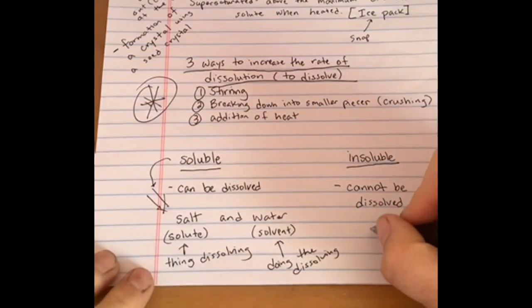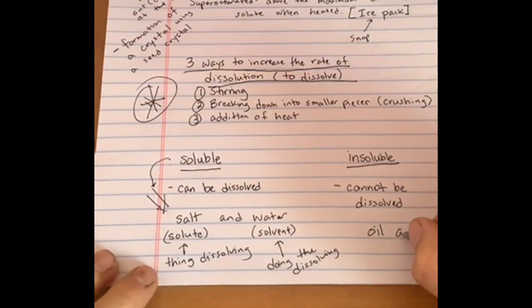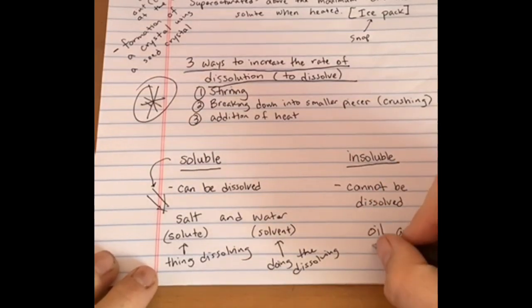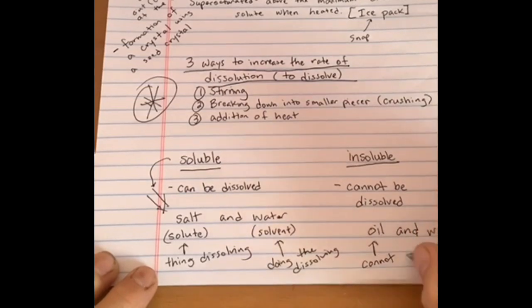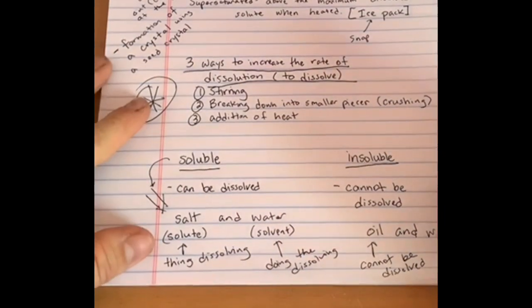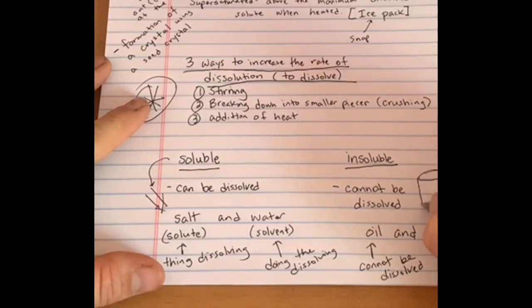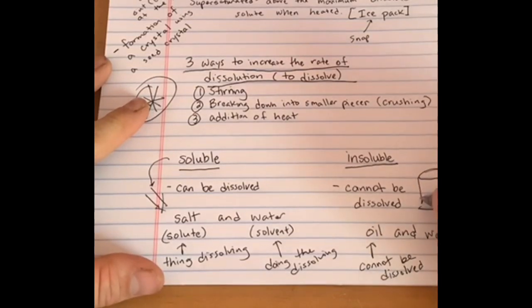Insoluble would be oil in water. Notice we didn't change the solvent, we just changed the solute. And we would say that it cannot be dissolved in water, right? Remember that oil and water, if you look at a beaker of oil and water, the water is on the bottom.